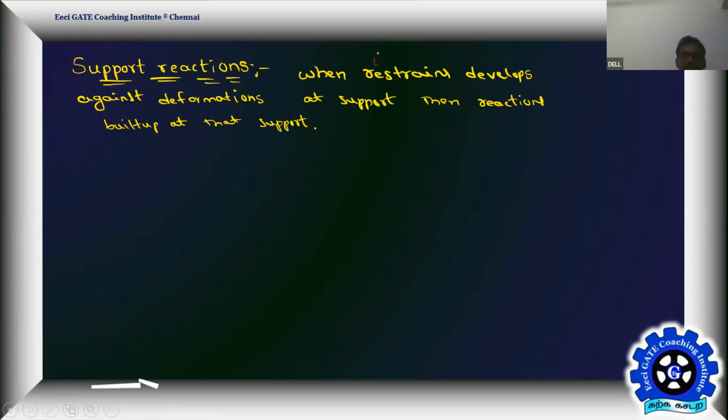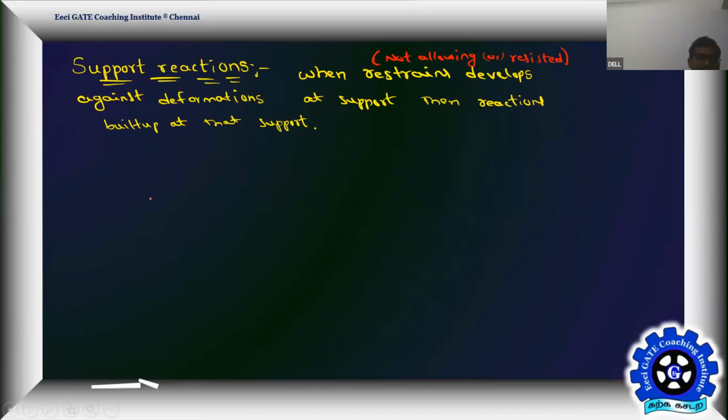When restraints or resistance develop against the deformations, that means deformations are not allowed, then reactions are going to develop. Don't get confused, there's a reason why I wrote this definition.